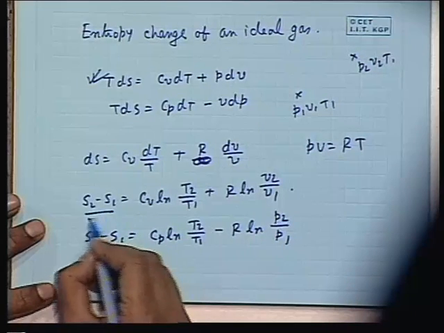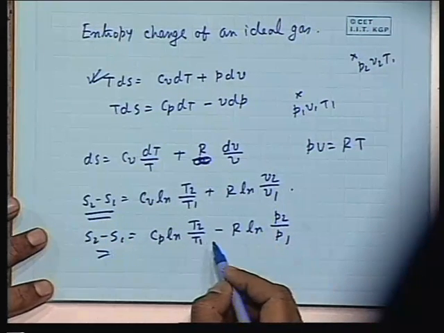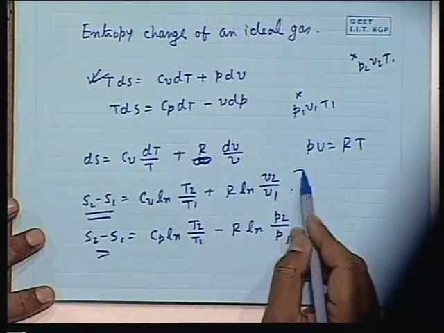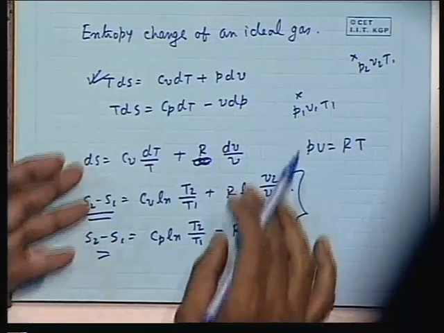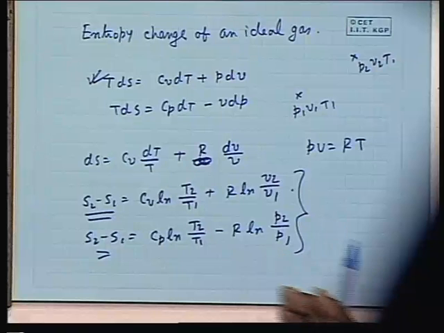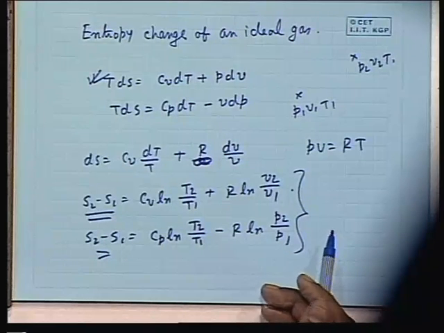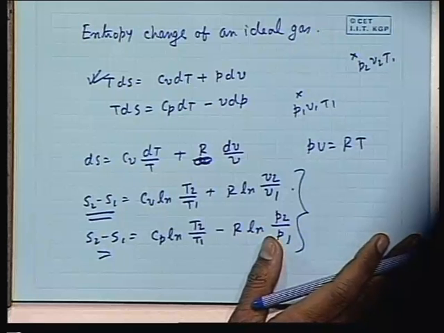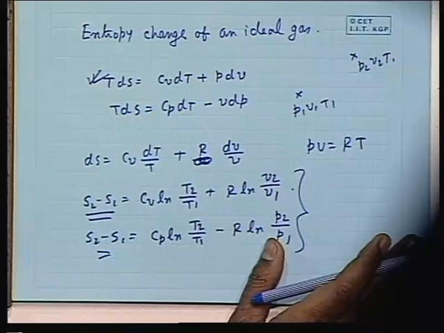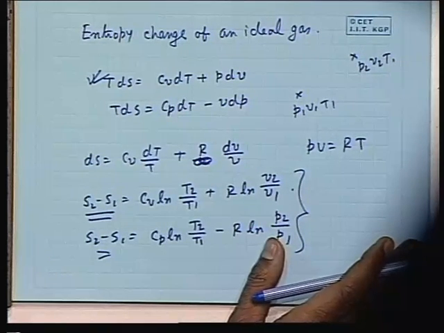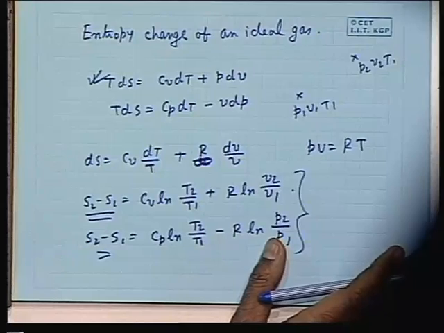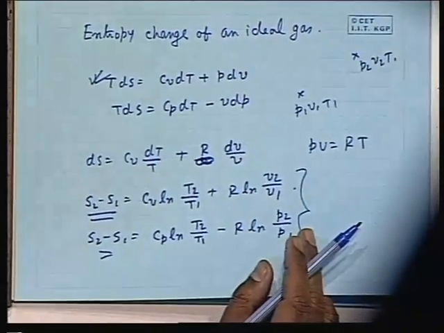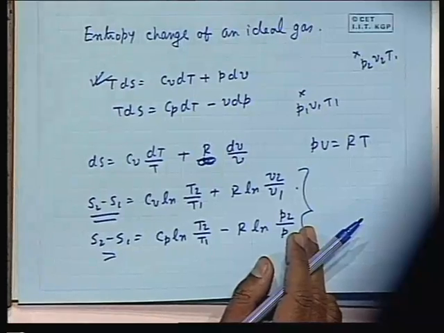So the change in entropy between these two states can be given by T and V, and P and T we can use, and P and V we can make from these two equations, we can find out the relationship between P and V. Okay? So this way we can find out the expressions for entropy change of an ideal gas.